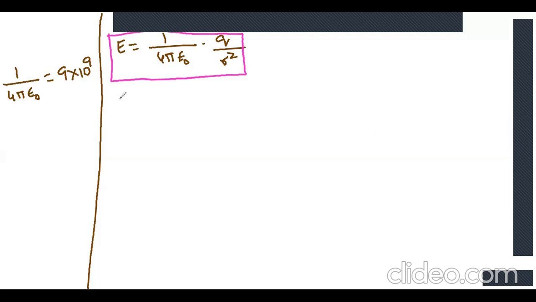That means the electric field due to a given charge is directly proportional to the magnitude of the charge, and inversely proportional to the square of the distance between them.